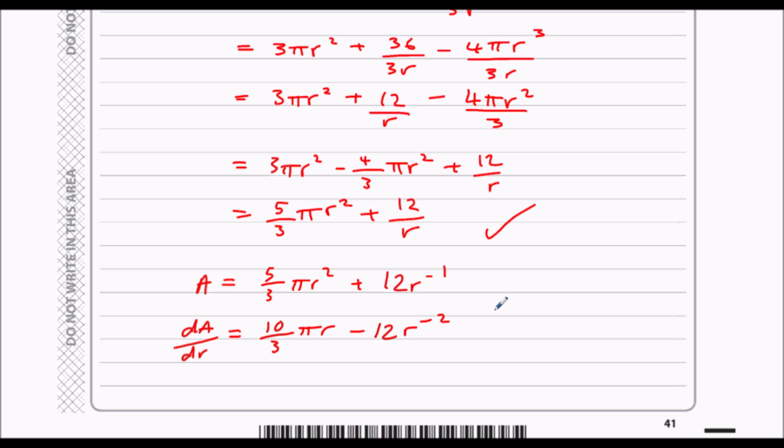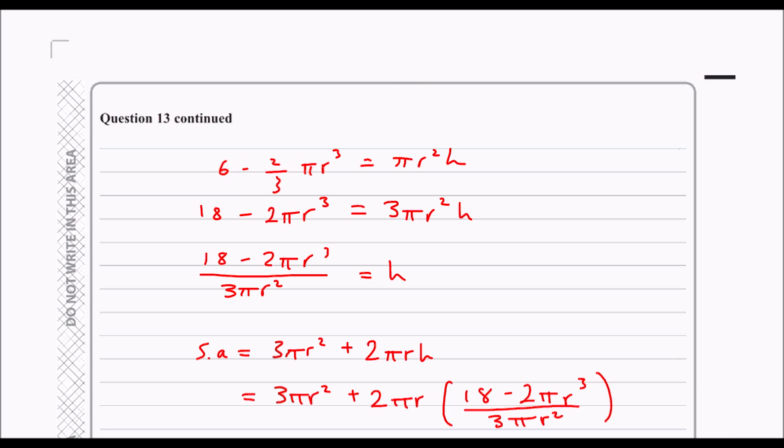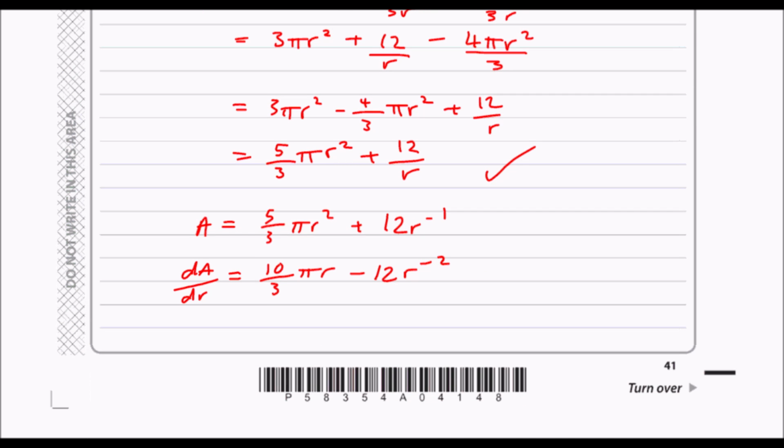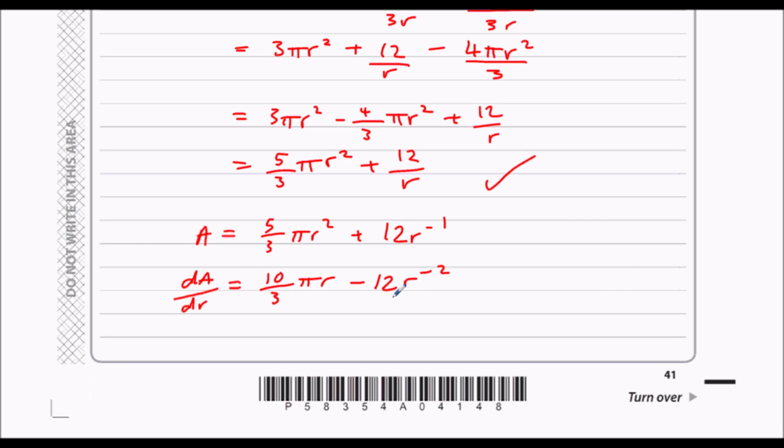And the minimum is going to be where dA dr equals 0. So where is this equal to 0? So 10/3 pi r minus 12r to the power of -2 equals 0.